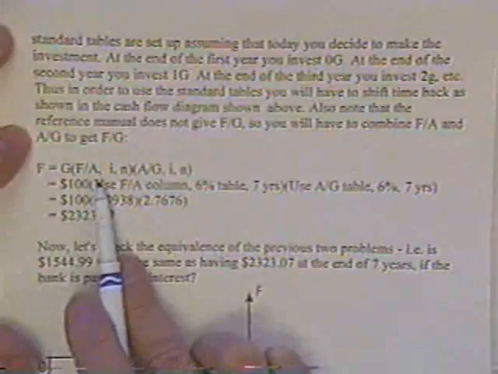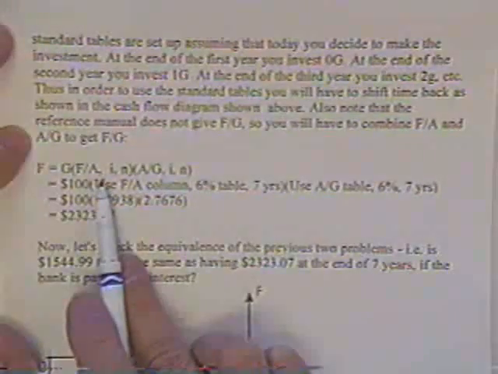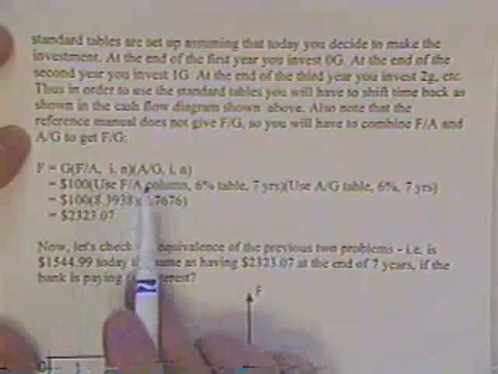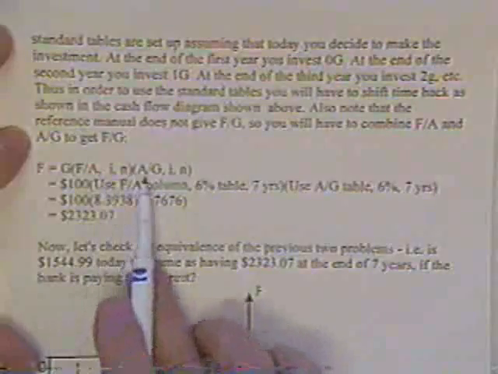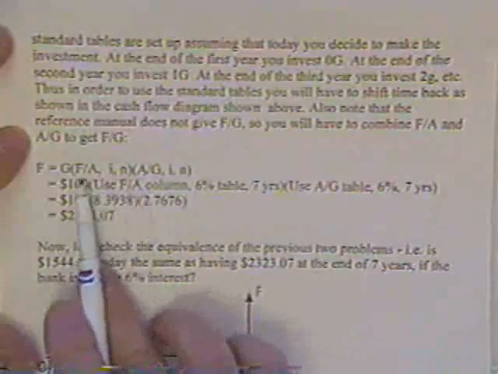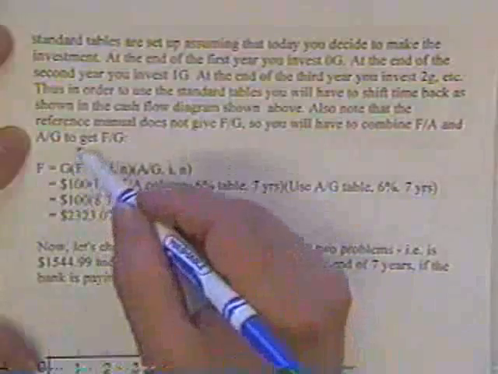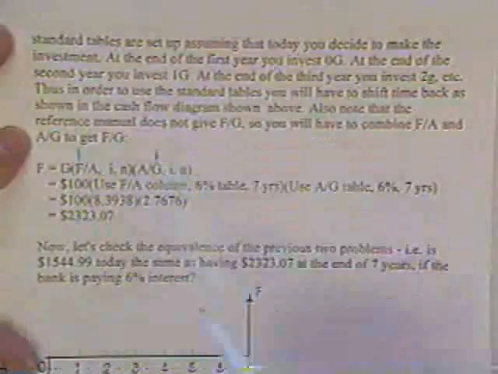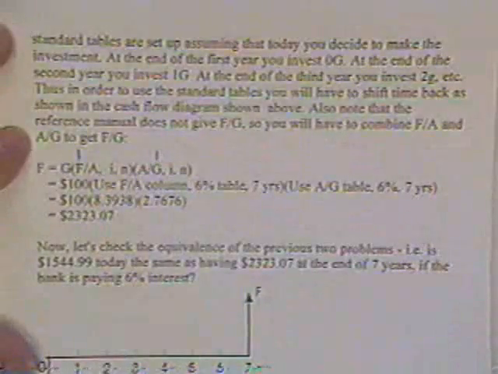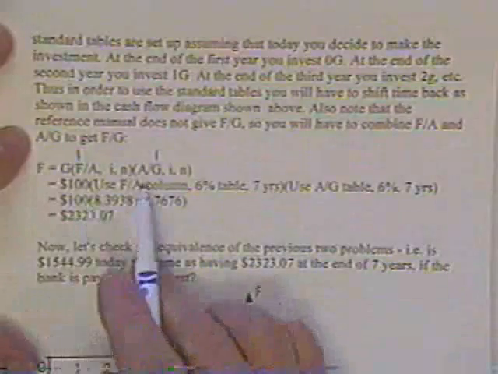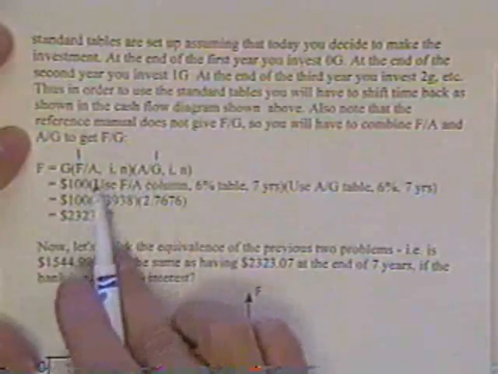He doesn't have a table for F over G. I mean, he doesn't have a column for F over G. So in order to get F over G, you're going to have to use the F over A table, and you're going to have to use the A over G table, and multiply the 2 together.